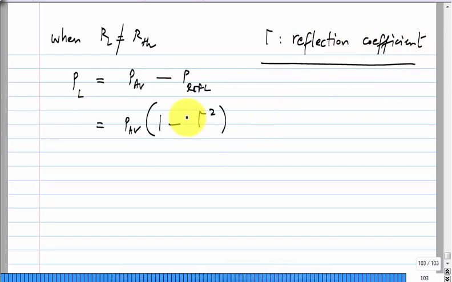So, these are simple calculations, just calculate the reflected power and gamma, the reflection coefficient.